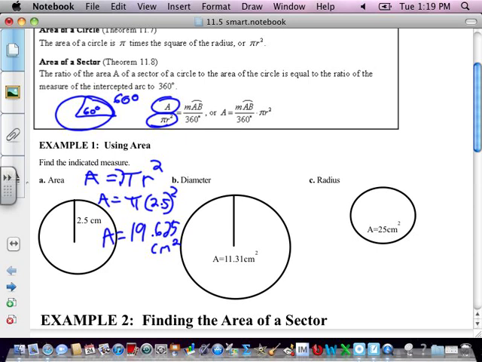So let's look at finding the diameter when we have the area. We know area equals pi r squared. So area equals 11.31 equals pi r squared. What's the first thing we've got to do? We're going to find the radius, and then from the radius we'll find the diameter because it asks for the diameter. It doesn't show it on the picture. So we're going to divide first. 11.31 divided by pi or 3.14.